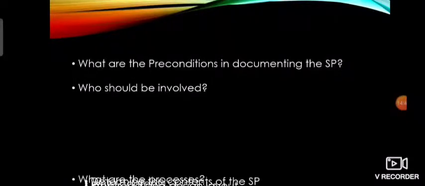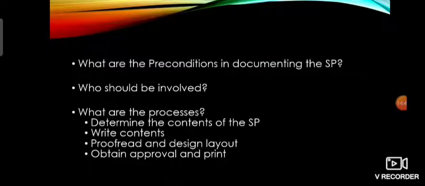Okay. Now, what are the processes of this stage? Number one here is to determine the contents of the strategic plan document. All right. So besides the core components of the strategic plan, different organizations choose to provide different kinds of information in the strategic plan document.